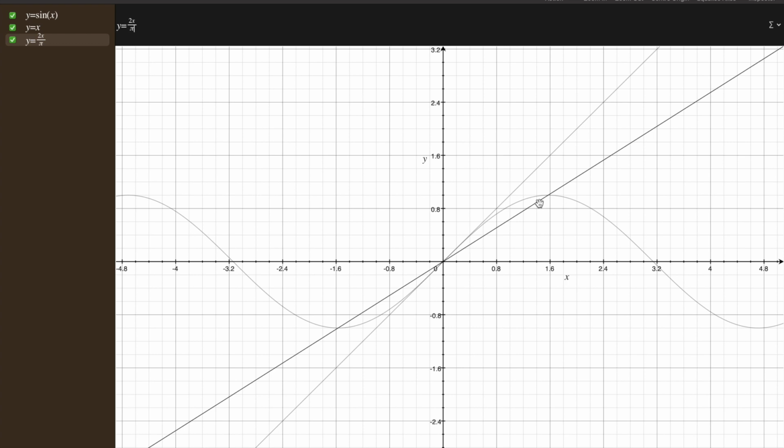Sin x is going to be greater than this third function that I've graphed, at least on this interval of 0 to pi over 2. If you want, I can demarcate the pi over 2.